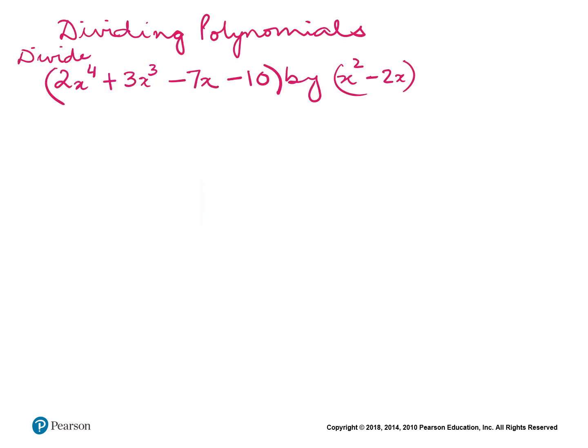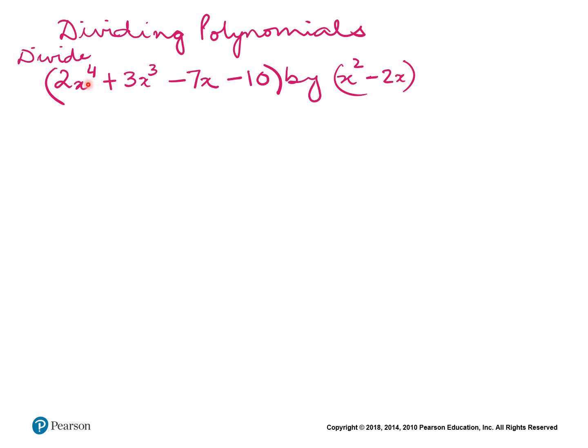Now let's perform this long division on a higher order polynomial. Okay, so the question says divide 2x to the 4th plus 3x cubed minus 7x minus 10, which is our dividend, by x squared minus 2x, which is our divisor. All right.